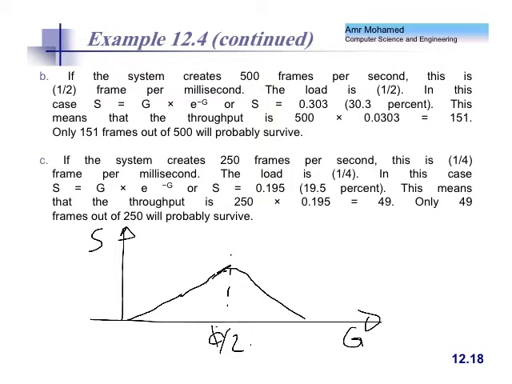However, for slotted Aloha, the throughput will continue until G equal 1 and then start decaying. That's the difference between the two. Just by allowing these slots, I gained extra throughput when G is more than 1/2.